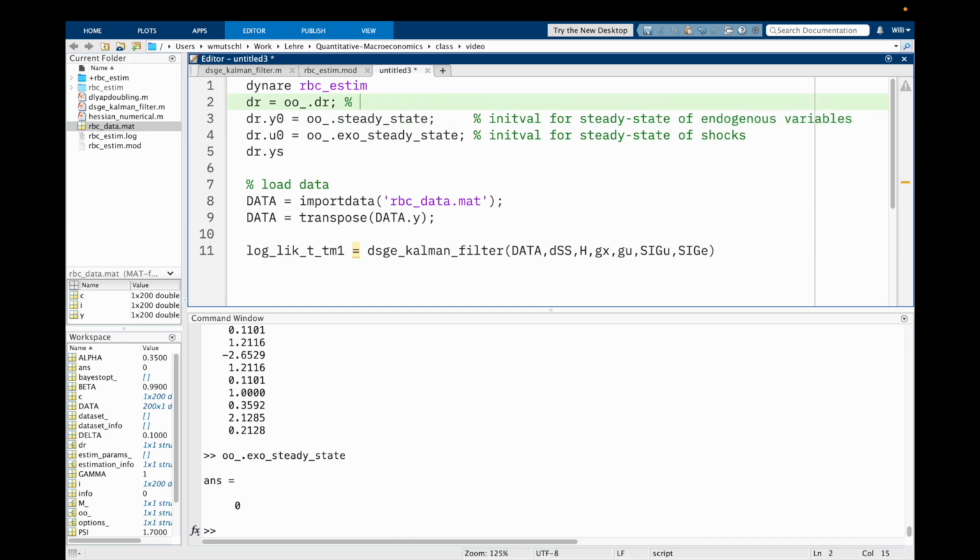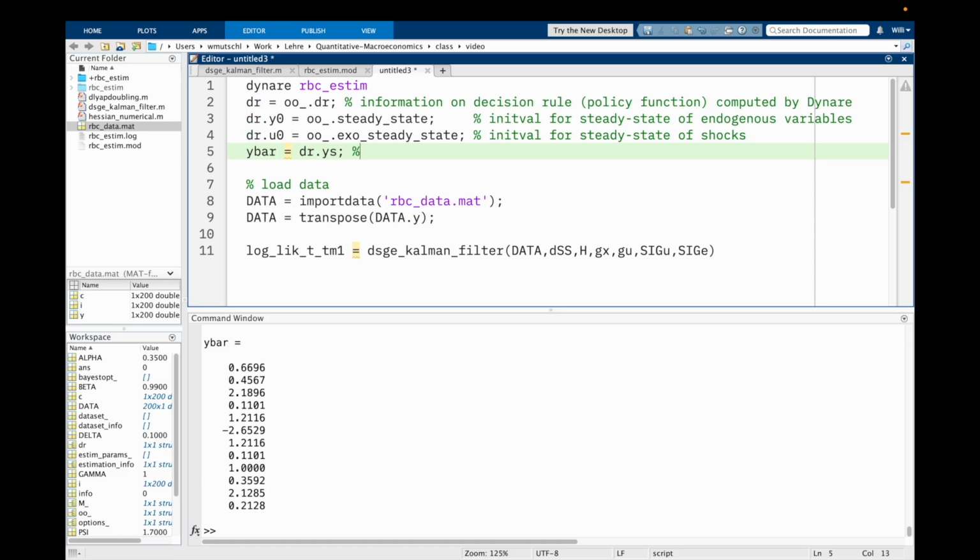And this is the information on the decision rule or the policy function computed by Dynare. Now this is what I called y bar in my notes. So this is the steady state of all endogenous variables after I've run the numerical optimization or after the steady state model block was evaluated. This is also the point where Dynare solved the model.